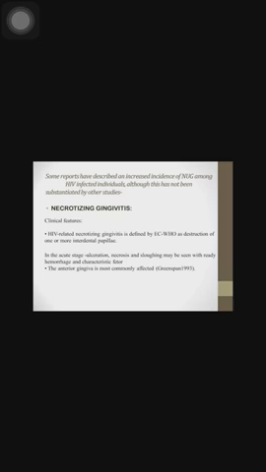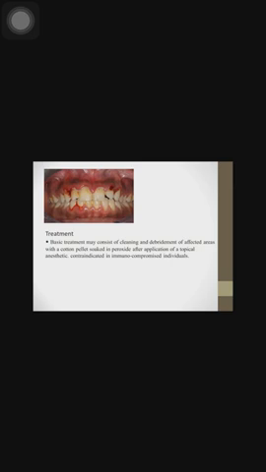Coming to necrotizing gingivitis, clinical features of HIV-related necrotizing gingivitis. In the acute stage, ulceration, necrosis, and sloughing may be seen with hemorrhage and characteristic fetor. The anterior gingiva is most commonly affected, given by Greenspan in 1993. Now, treatment.